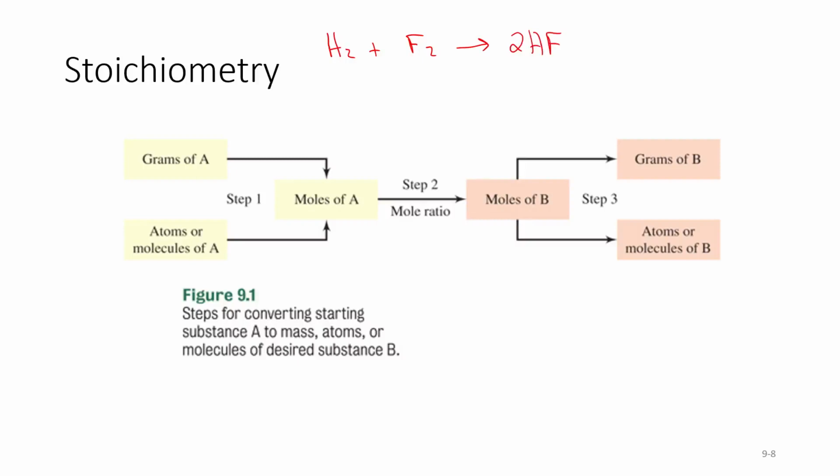And if I asked the question that said, how many moles of HF can be produced if we start with 3.7 grams of F2? So we would go then from grams to moles. This is our substance A, and we're taking substance A to substance B.